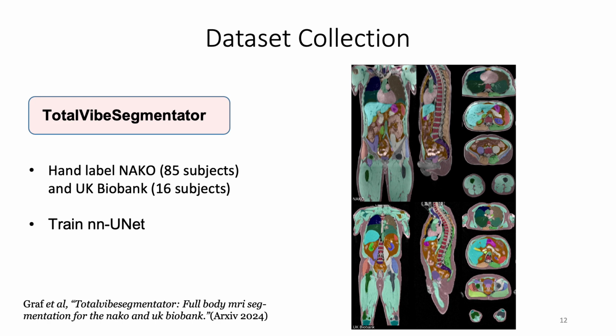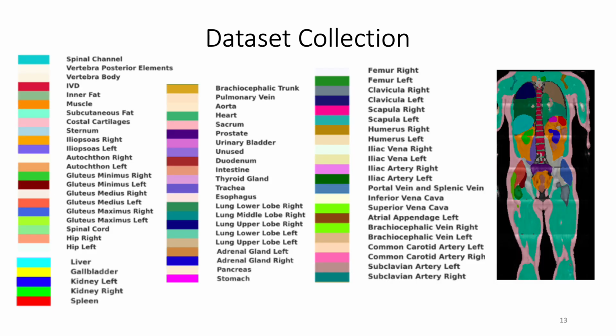We use this model to automatically collect the labels for the entire UK Biobank samples with 72 organs. Here we show examples of the kidney organ, for example, shown on the label on the right.